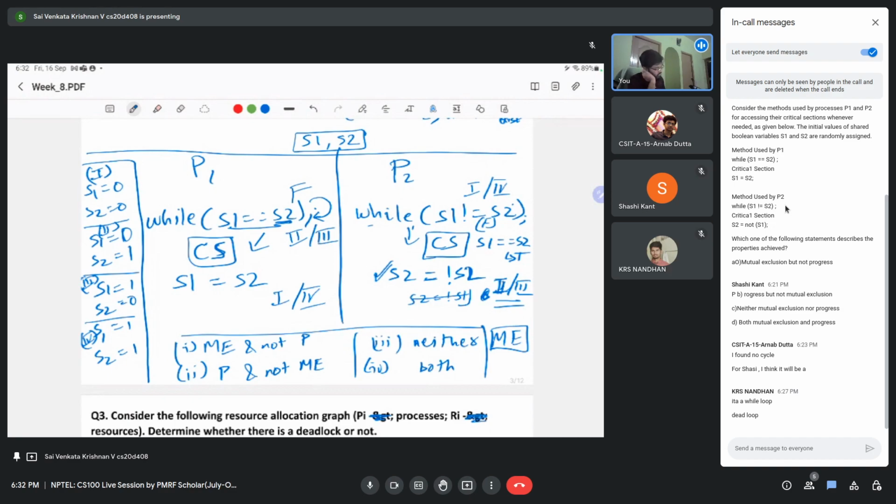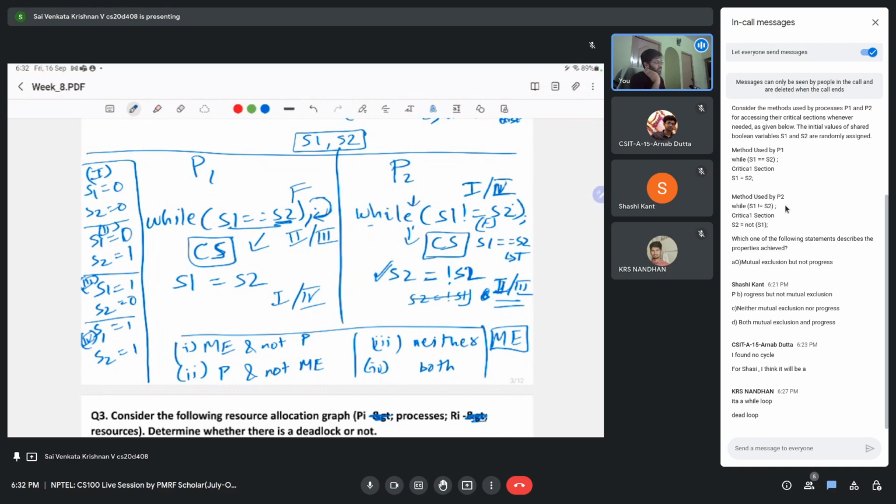For progress, so what is progress? Progress is if this is not waiting. Say it is case 1 or 4, but P2 doesn't want to enter into the critical section. In that case, what's the ideal scenario?